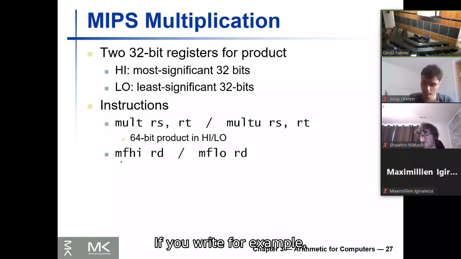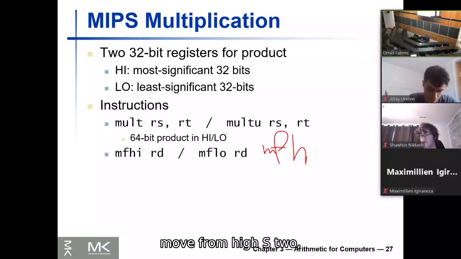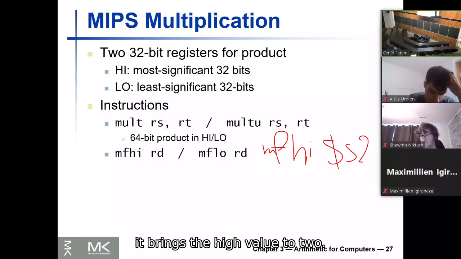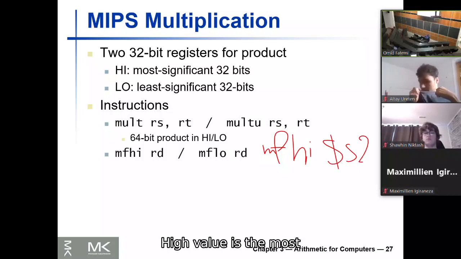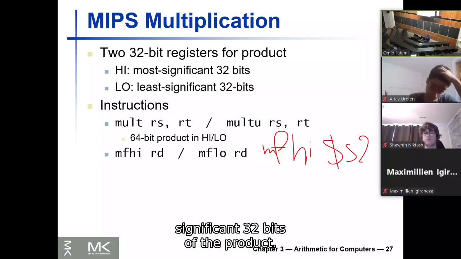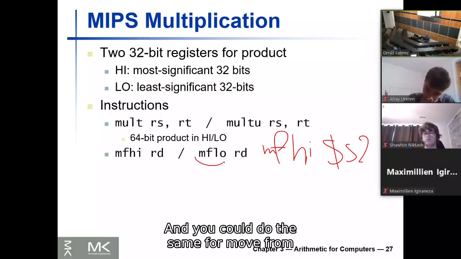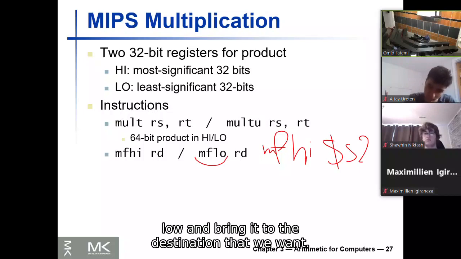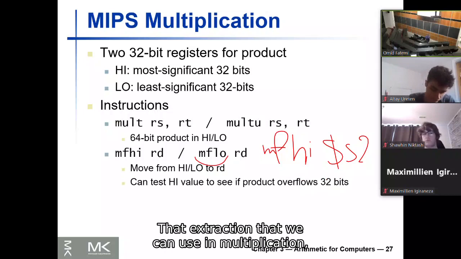So if you write, for example, move from high S2, it brings the high value to S2. And you know, the high value is the most significant 32 bits of the product. You could do the same for move from low and bring it to the destination that we want. So that is the instruction that we can use in multiplication.